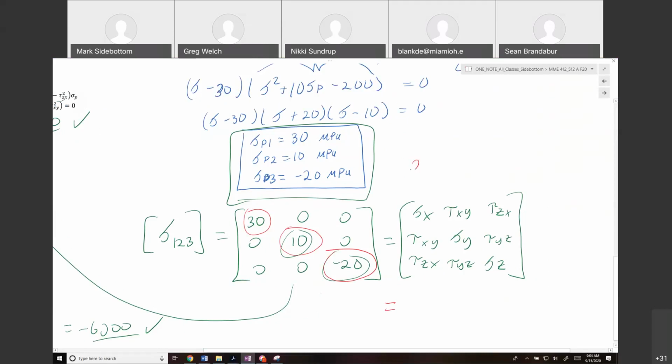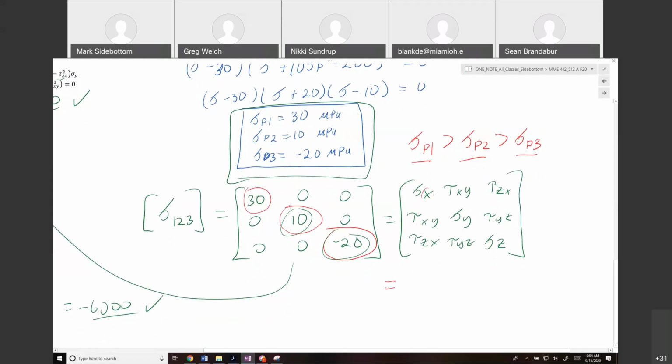When we solve for our three principal stresses, the first principal stress is the greatest, the second is the median, and the third is the lowest principal stress that we get, the smallest root. Okay, thank you.